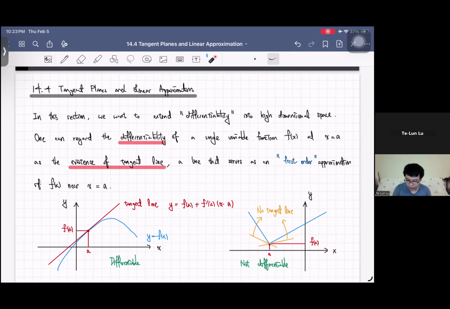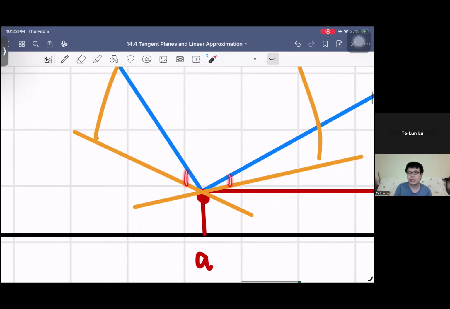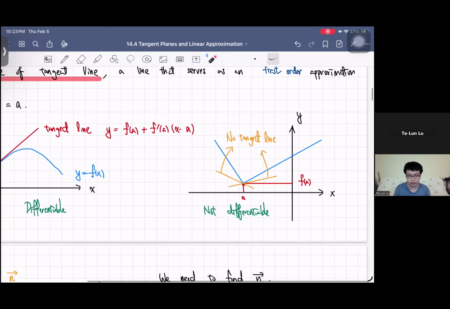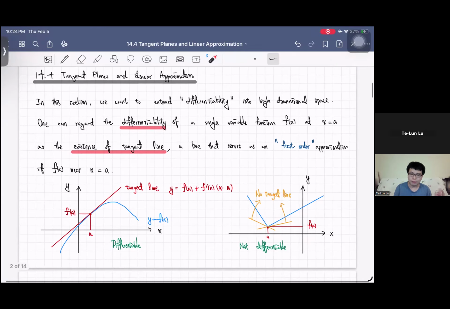Simply because when we zoom in, there's always a difference between the actual function and the so-called tangent line. So there will be no tangent line. In this case, it is non-differentiable, even if it is continuous. I hope that helps you realize that differentiability in the one-dimensional case simply means that you can approximate a function at a particular point with a linear function. That is differentiability.